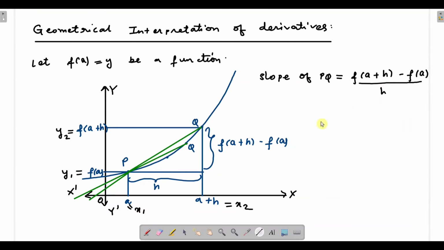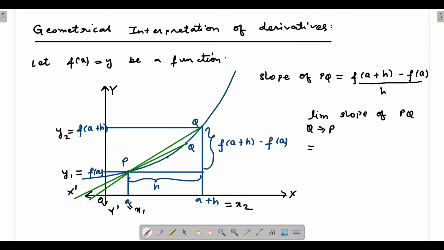And suppose this point Q keeps on coming closer to P, right? So that means if you look at the limit, if you look at the limit Q approaching P, right, of what? Of the slope of PQ. So this will be the limit Q tends to P of the slope of PQ.